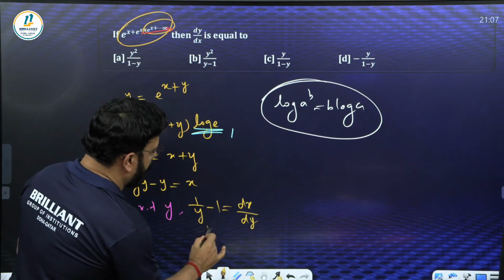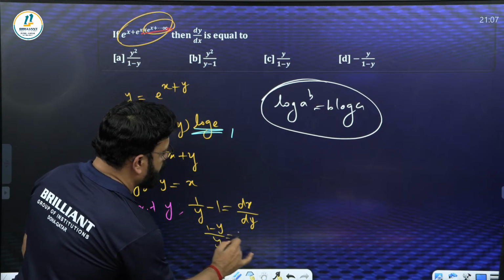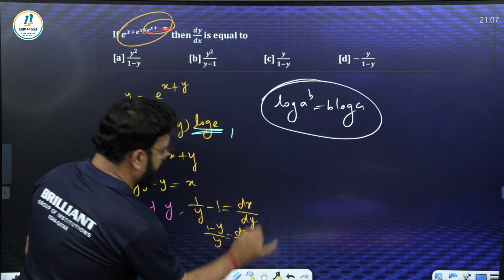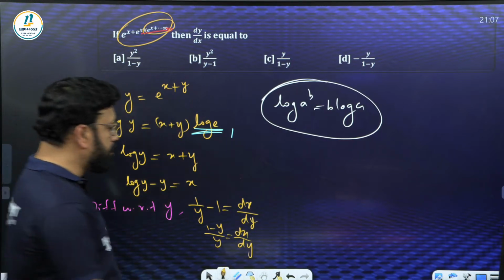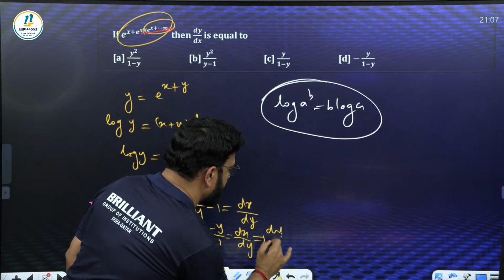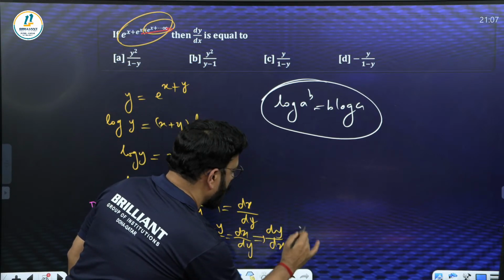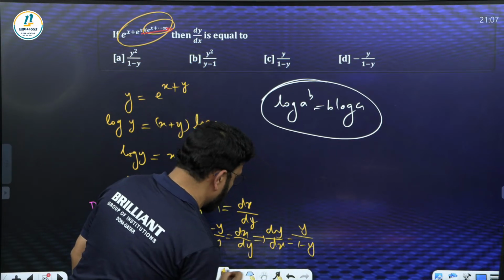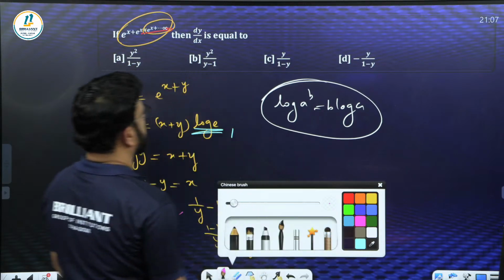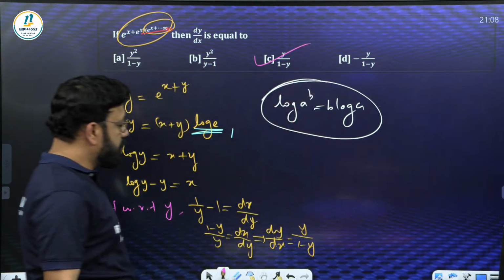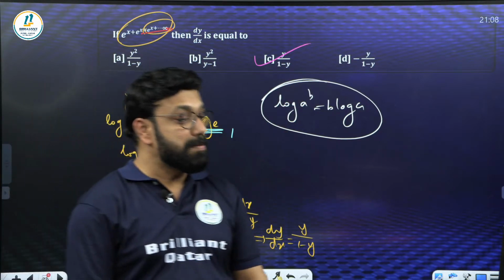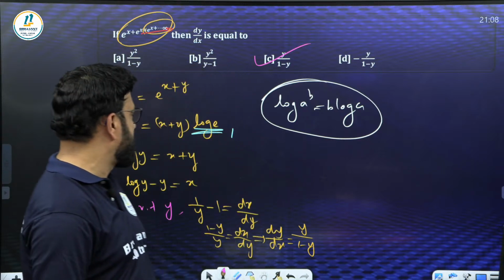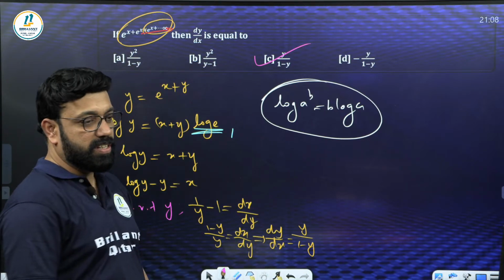Take the LCM: 1 minus y by y equals dx by dy. Take the reciprocal: dy by dx equals y by 1 minus y. Just taking the reciprocal of dx by dy. Yes, correct answer, C is the correct answer. Very good.